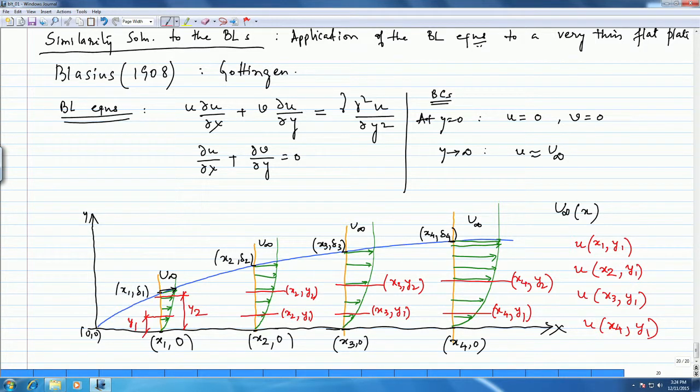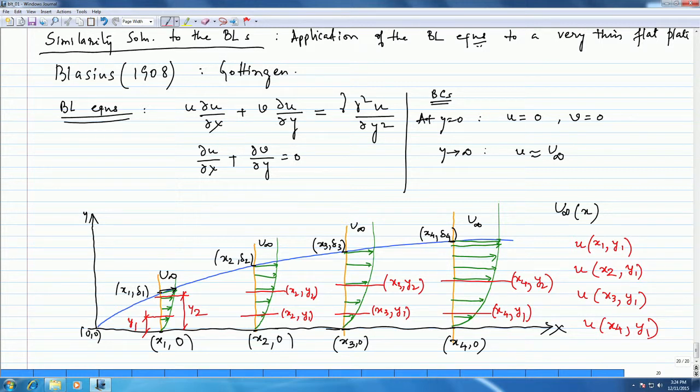If I were to look at just the plate, at x is equal to 0, then all the velocities are 0. All these velocities are 0 when y1 is equal to 0. But when y1 is not 0 and it is a finite value, then what happens to it and what do you think?